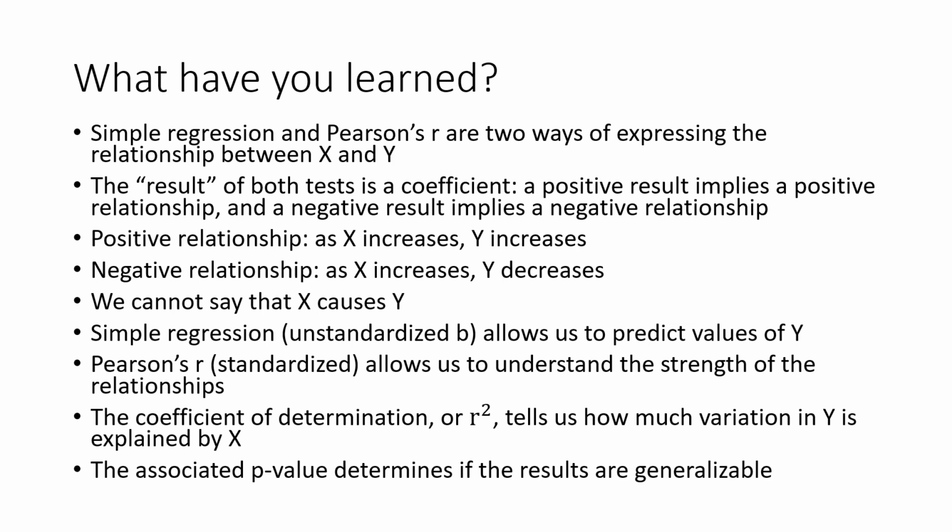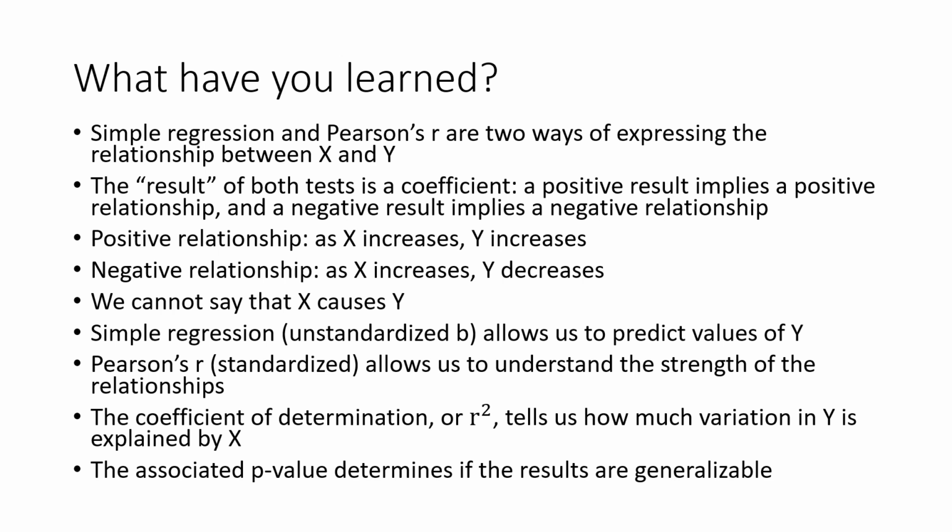You'll recall that simple regression, which uses unstandardized B, is best for predicting values of y, whereas Pearson's R, which uses a standardized method, allows us to understand the strength of the relationship between x and y.